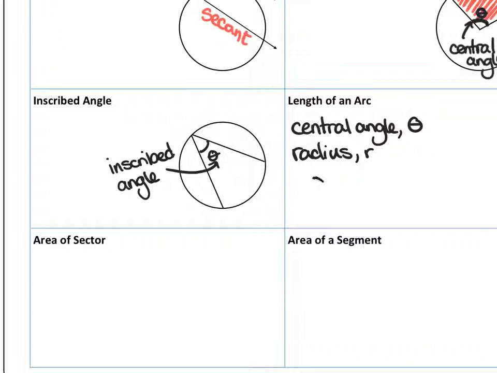So basically what it's doing is looking for, if I know this and this angle, I'm going to find this distance here. What is this distance? That's what we're trying to find. So the formula for that is A equals theta over 360 times 2 pi r.